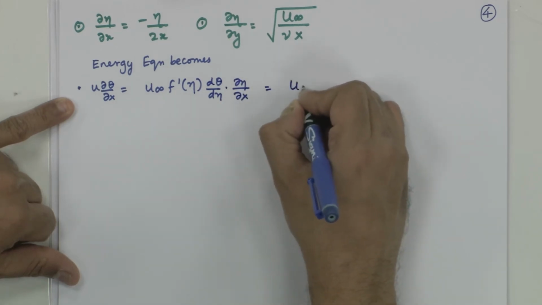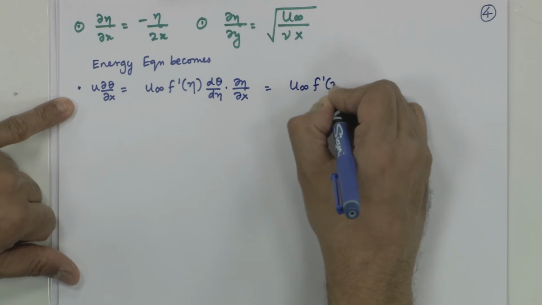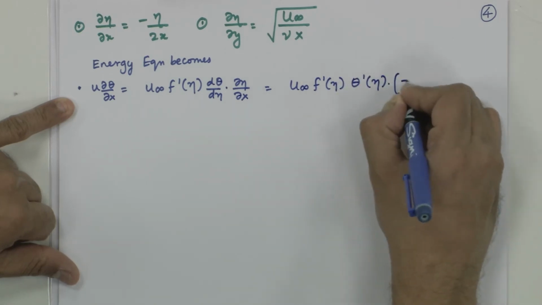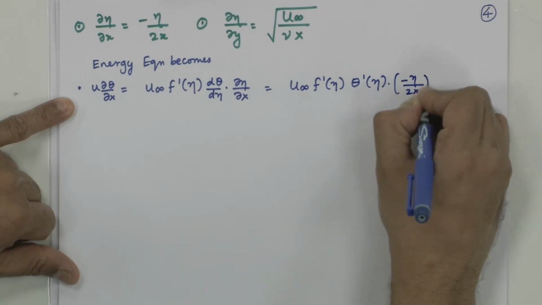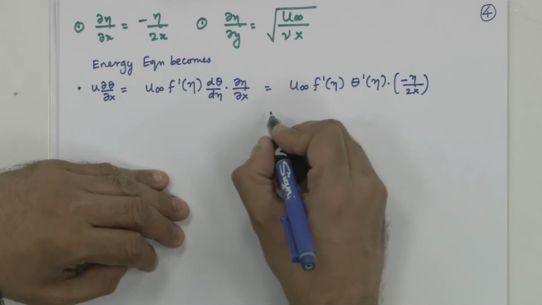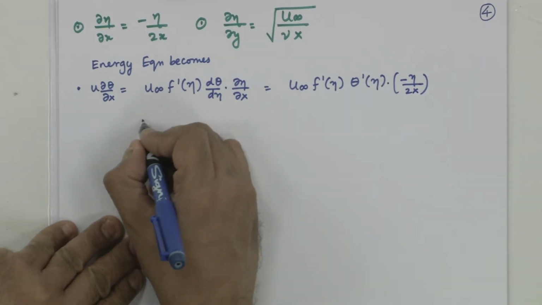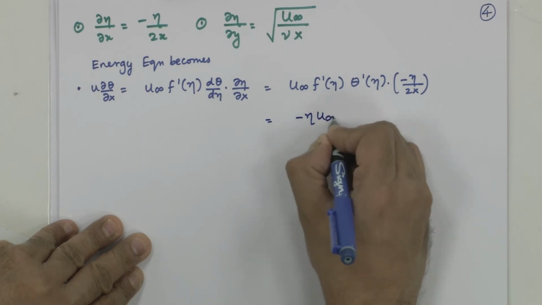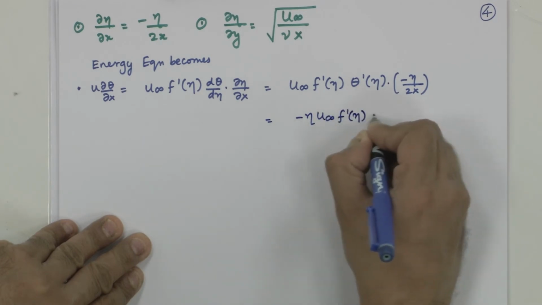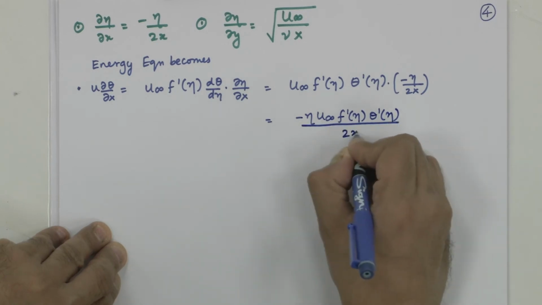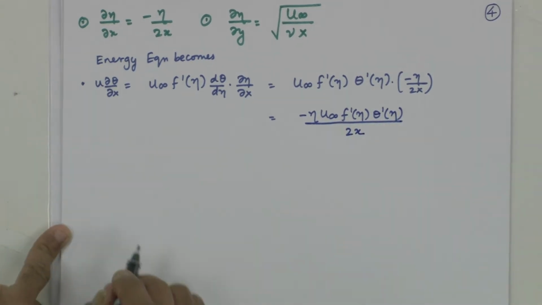So this is going to be u∞ f'(η) θ'(η) times (−η/2x). Correct? So this can be written as −η u∞ f'(η) θ'(η) divided by 2x. This was my first term.